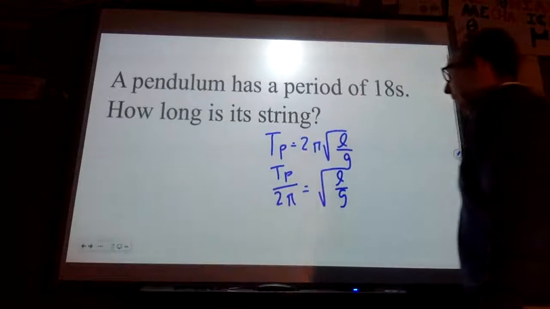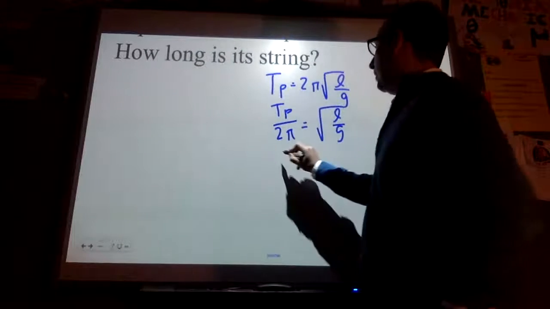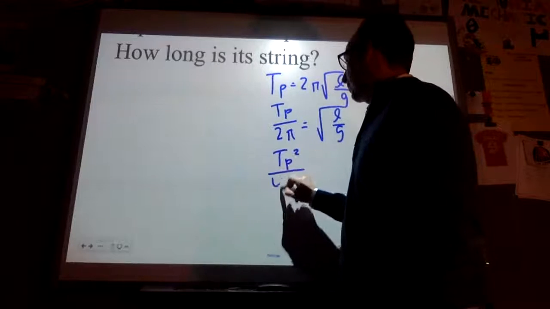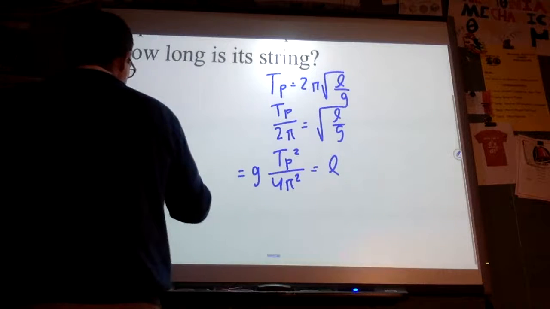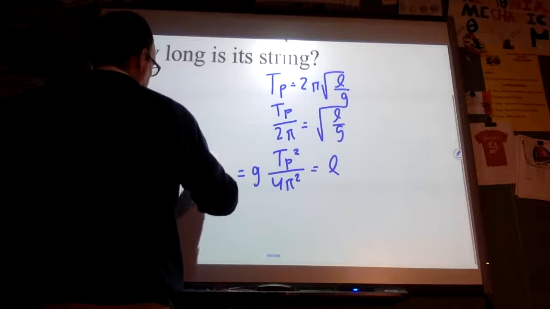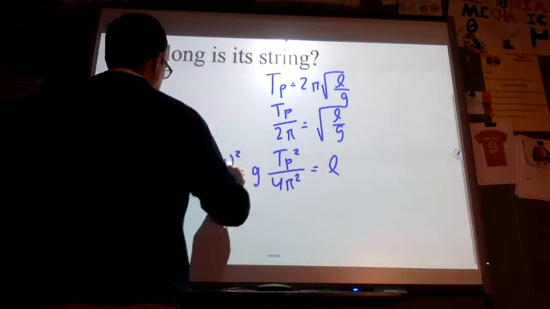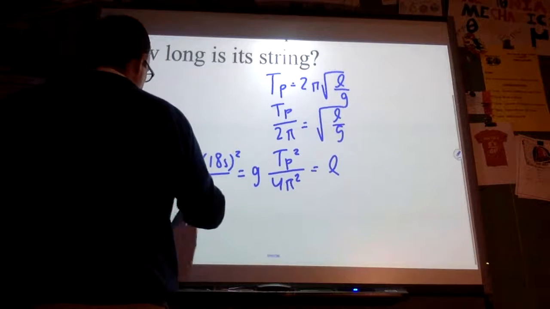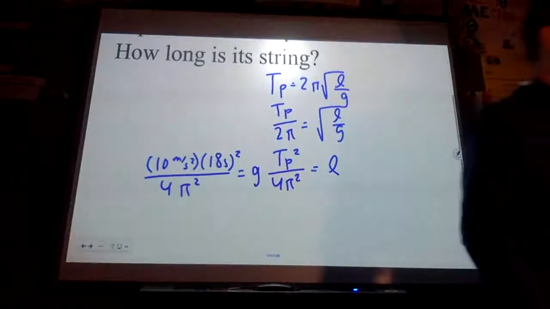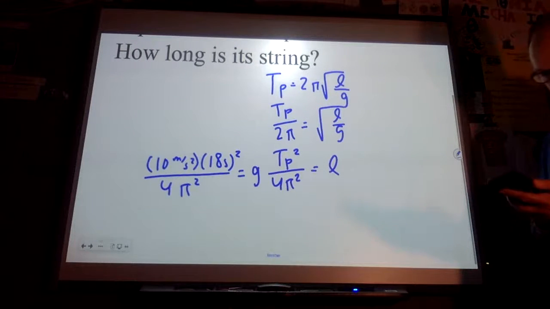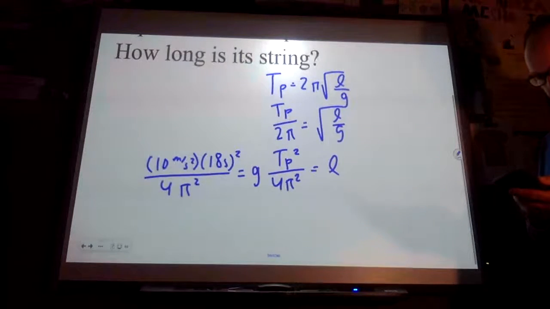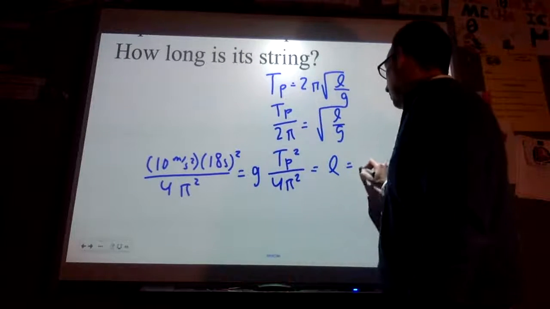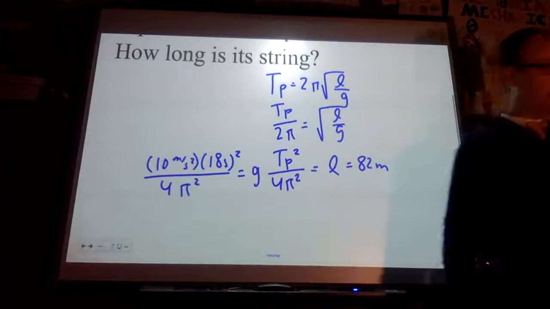I'm going to square both sides and multiply by G. And so this is going to be 10 meters per second squared times 18 seconds squared divided by 4 divided by pi squared. So that is one long pendulum, 82 meters.